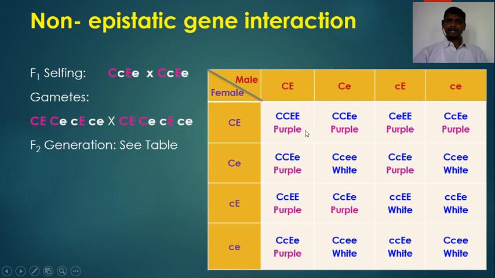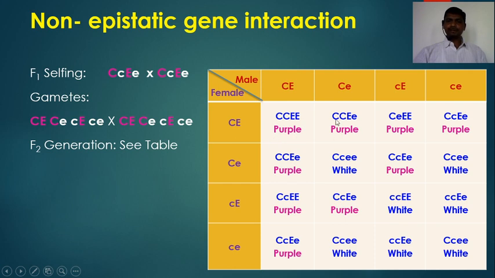In this case, the genotype is capital CCEE, where the phenotype is purple. How is it purple? Because both the genes are dominant here, due to which it can produce the chromogen and enzyme. They combine with each other to produce the purple flower. This enzyme acts on the chromogen to produce the purple colored product, that is the anthocyanin. So due to this the flower color is purple.